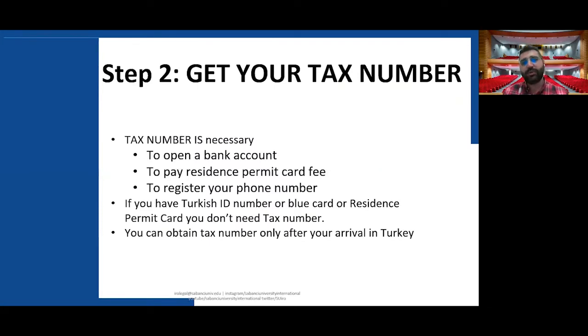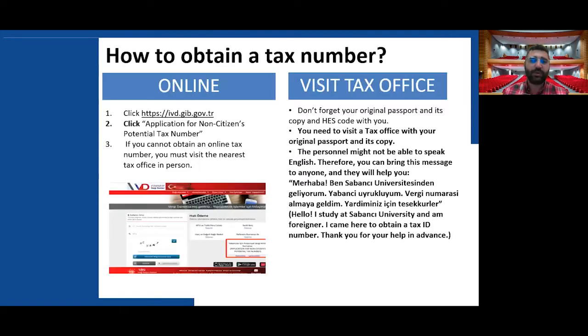After completing your online application, you should get your tax number. A tax number is necessary to open a bank account, to apply for a residence permit, and to pay your residence card fee. Therefore, you should get your tax number after making your online application. You can obtain your tax number online or in person.